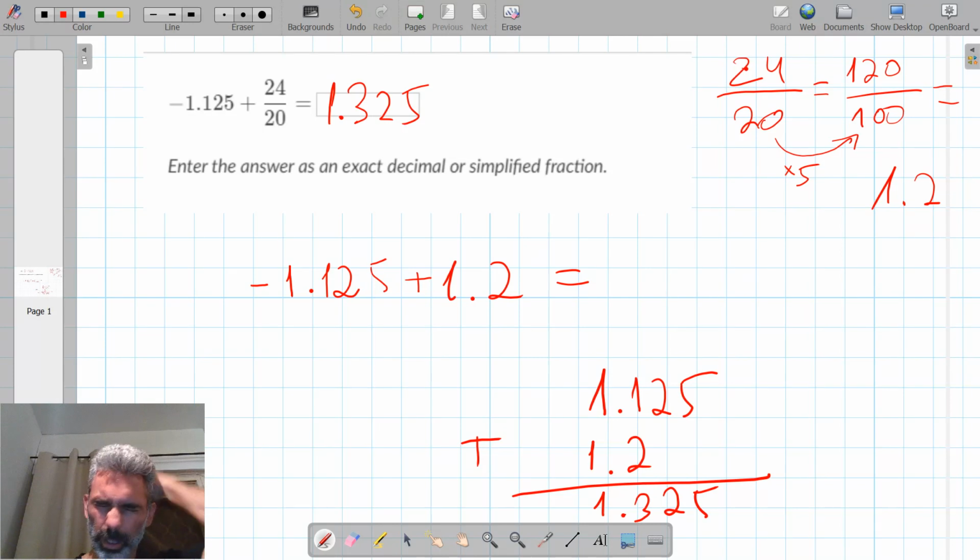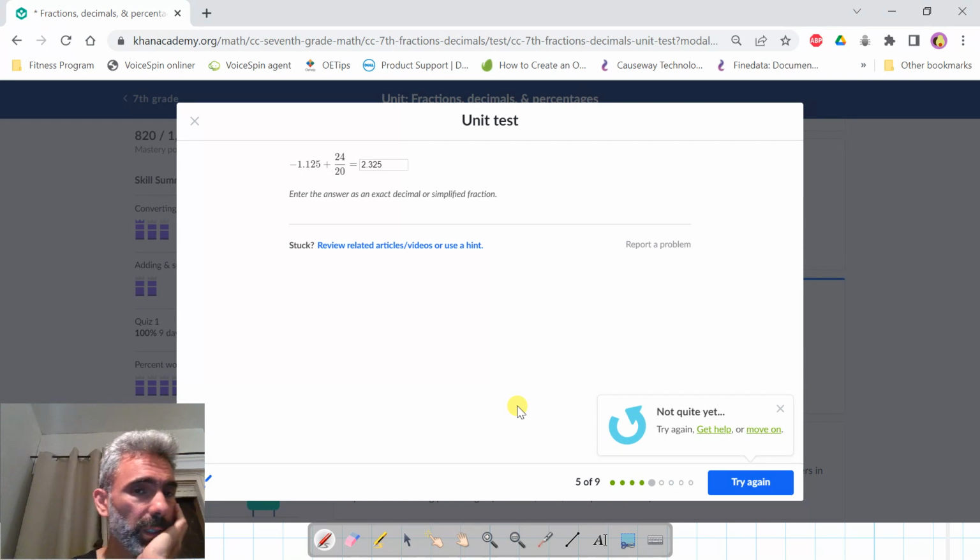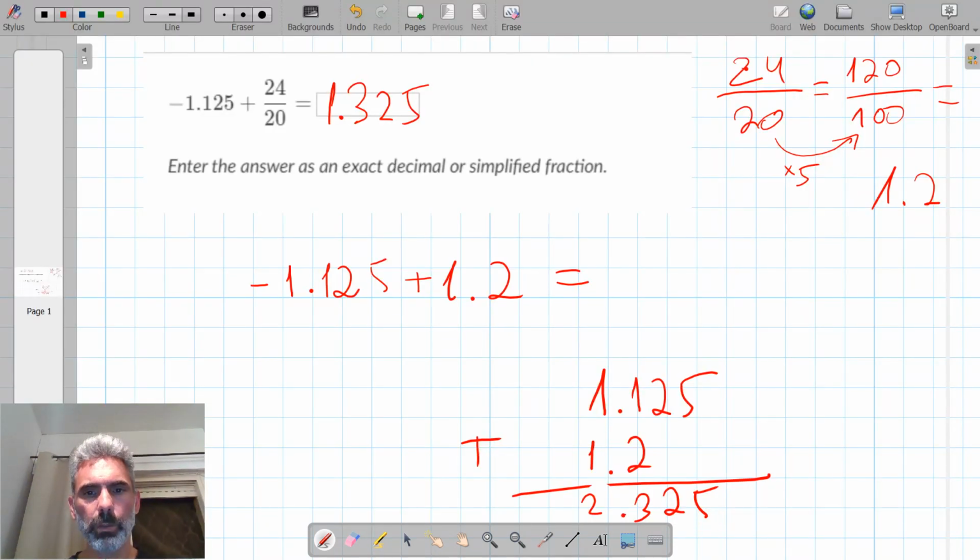It's too... 2.3. Stuck. It's minus. Wow, I'm not concentrated. Wow, this is minus and this is negative and positive. How many mistakes can I make in such a simple question?